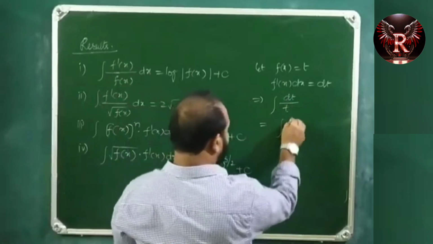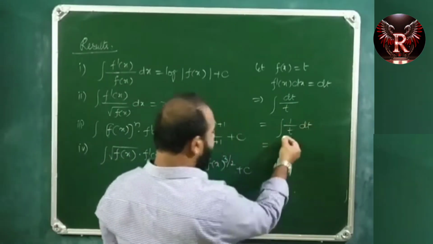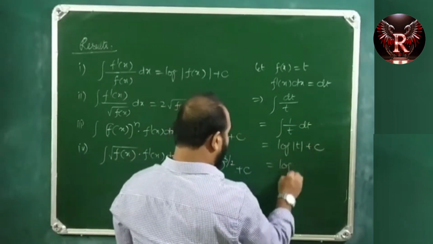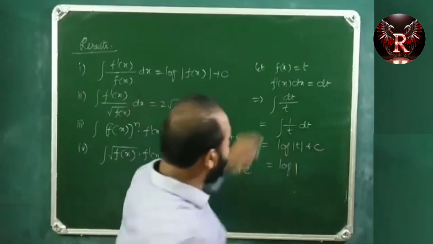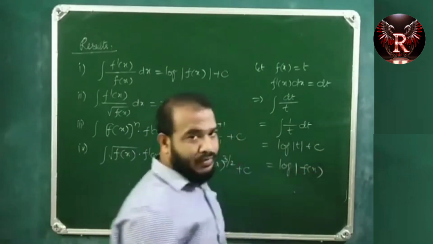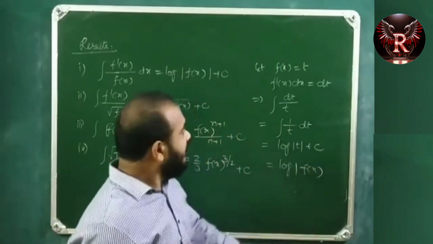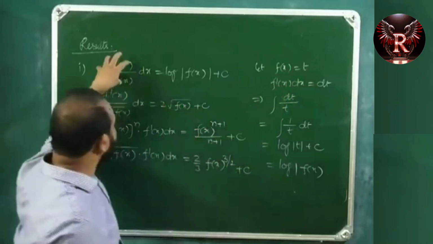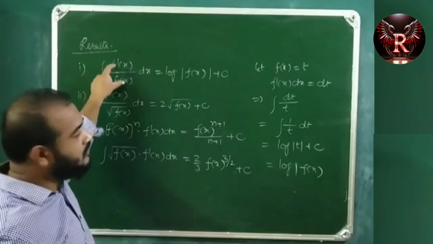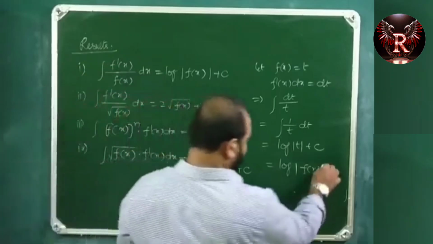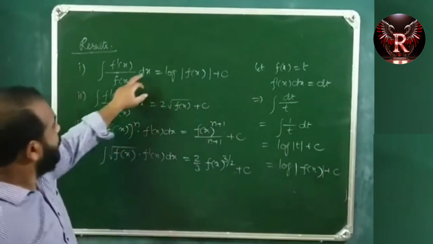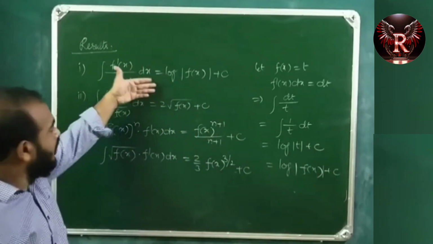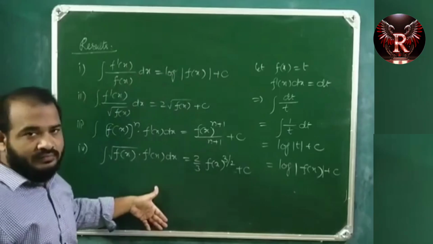So this is equal to integral 1 by t dt, which is log modulus of t plus constant of integration c. So log modulus of t is nothing but f(x), because as we have discussed earlier, t is to be replaced back by f(x), since the given integral is in terms of x only. So log mod f(x) plus c. In this way we can prove these results as well.